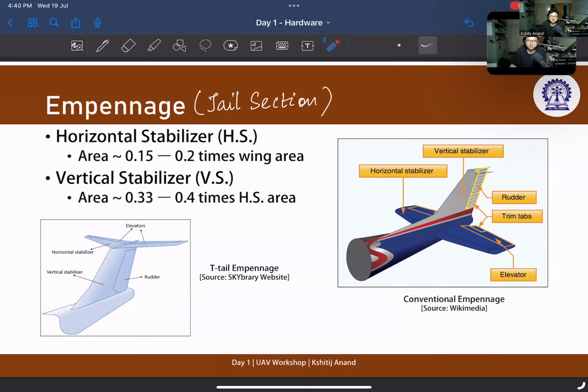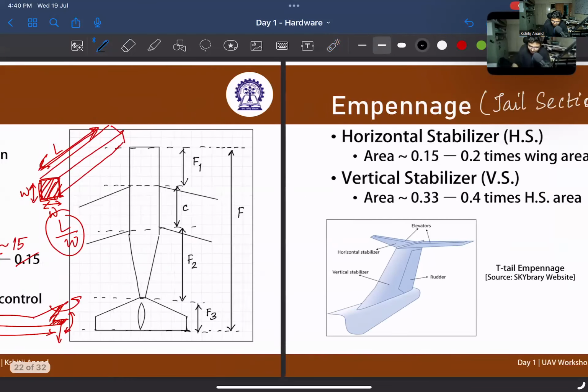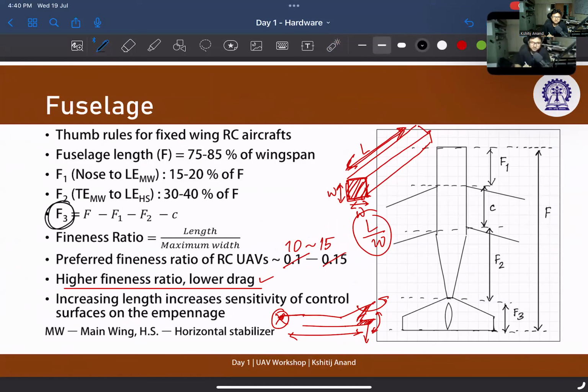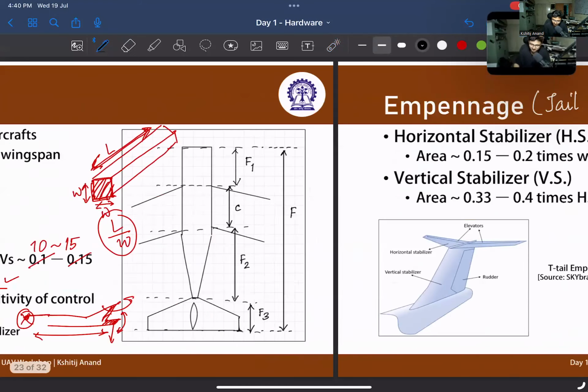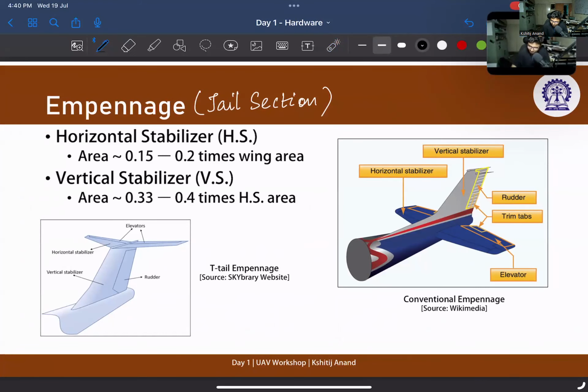So how do you design these? Let me just write this down, because otherwise you'll not be able to relate. If you remember, we had found out F3. F3 is nothing else but the length of the horizontal stabilizer. So we already have the length of the horizontal stabilizer. For making a beginner RC aircraft, making a square or rectangle horizontal stabilizer is absolutely fine.